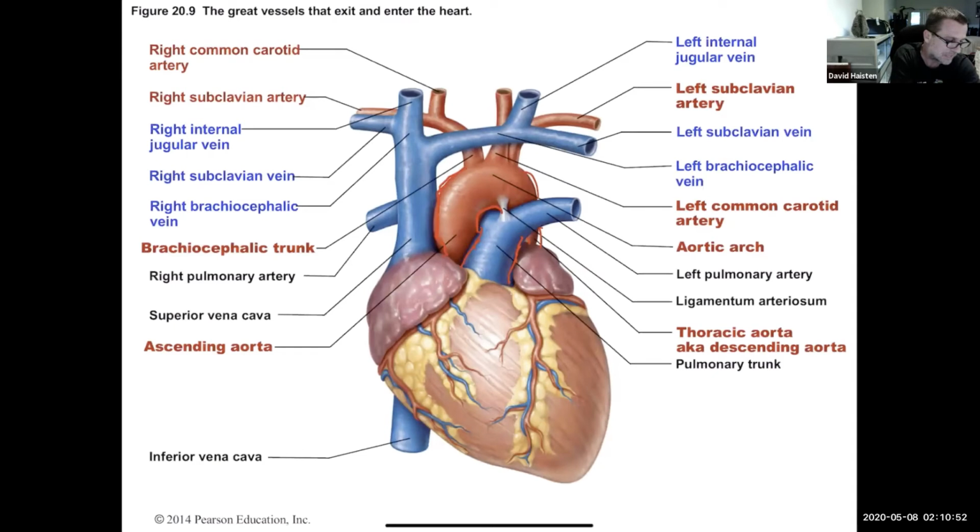So this is the ascending aorta right here. Then we have the aortic arch right here. And then we have the descending aorta, consisting of the thoracic aorta. When it's going down, once it penetrates the diaphragm, it switches its name to abdominal aorta.